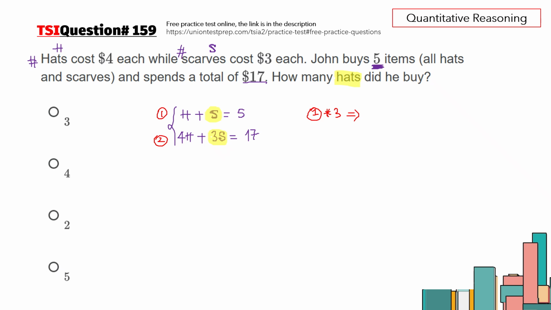So I will have 3 times H is 3H, and 3 times S is 3S, that equals 15.